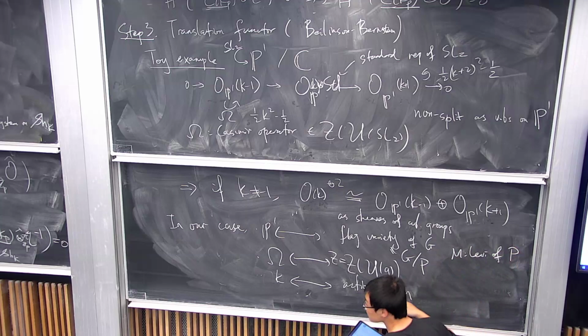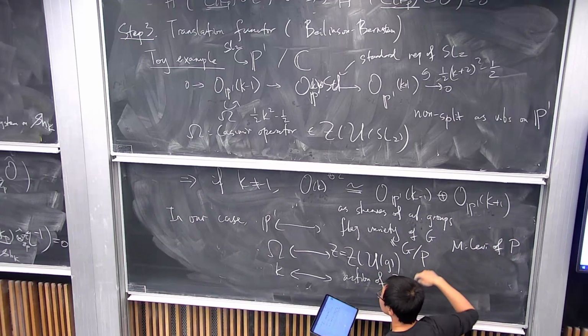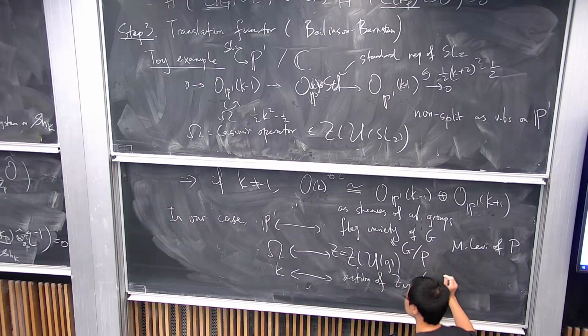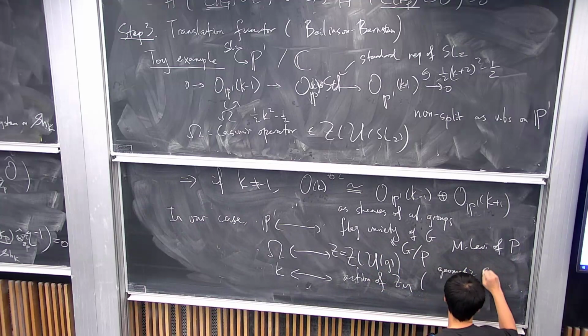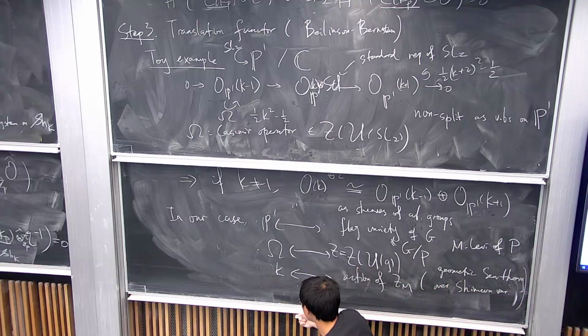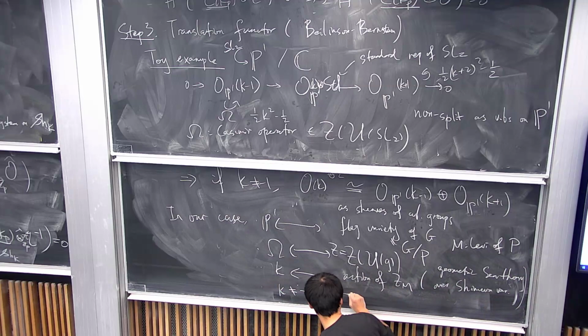It is not clear a priori that you have such an action, but this was discovered first by myself in the case of modular curves, and in general by Juan, using geometric Sen theory on Shimura varieties. And finally, this K not equal to -1 will correspond to our sufficiently regular condition.